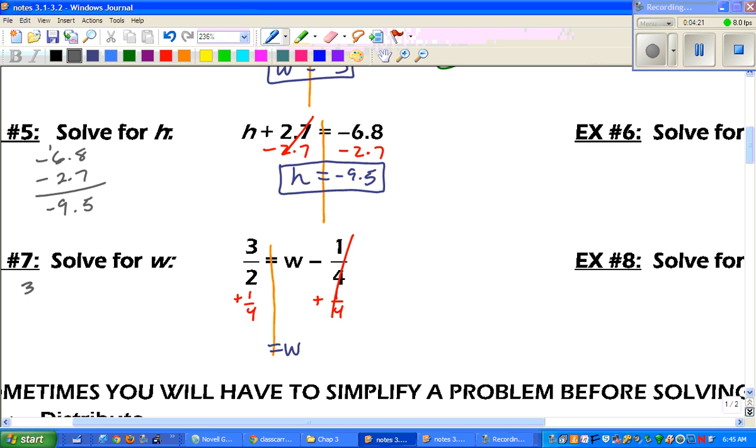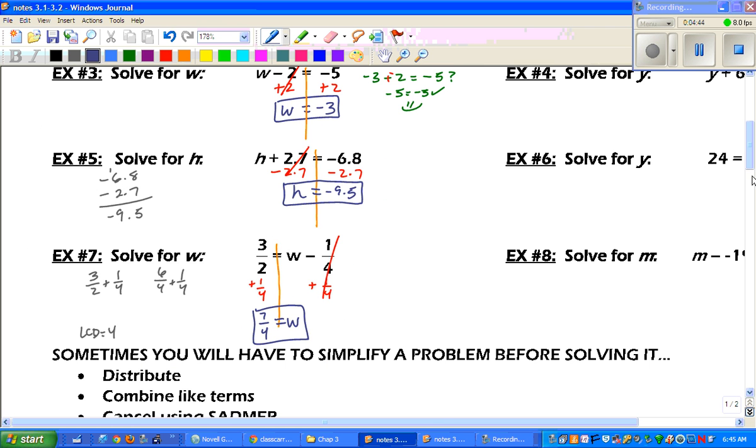Now, off to the side over here, we need to do 3/2 plus 1/4. My LCD is 4. So we're going to have 6/4 plus 1/4, and that's going to give us 7/4. All right.